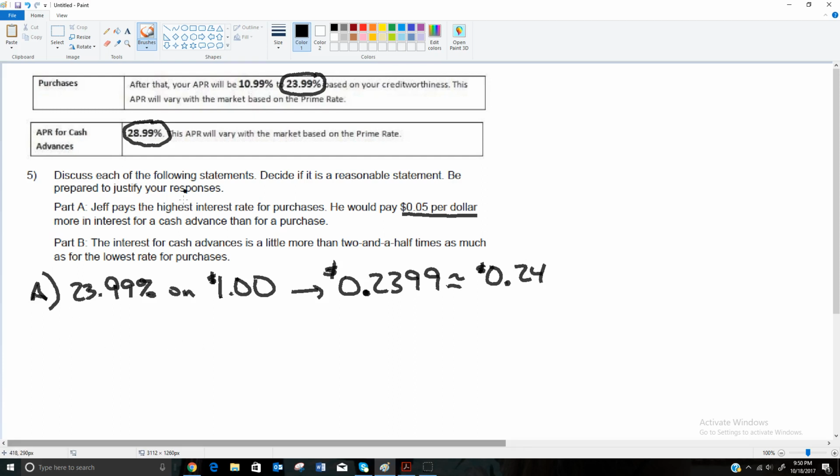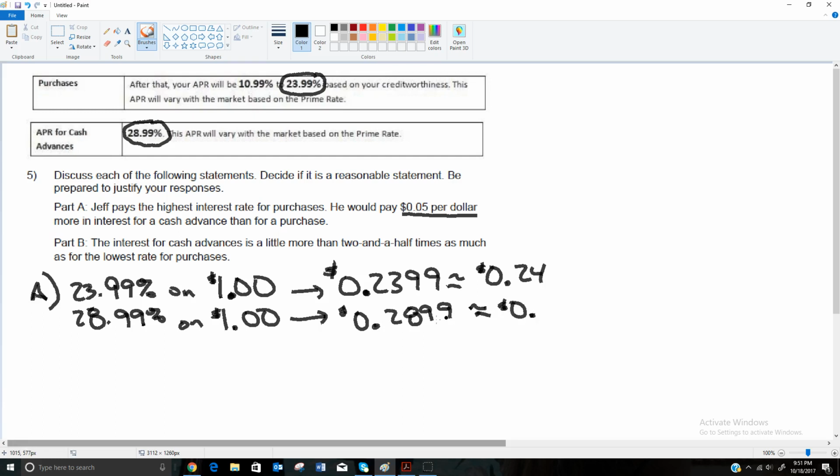And then the rate for cash advances is 28.99% on $1. And on $1, 28.99% would be, if we shift the decimal 2 spots, 0.2899, which is essentially 29 cents if we round the 8 up.